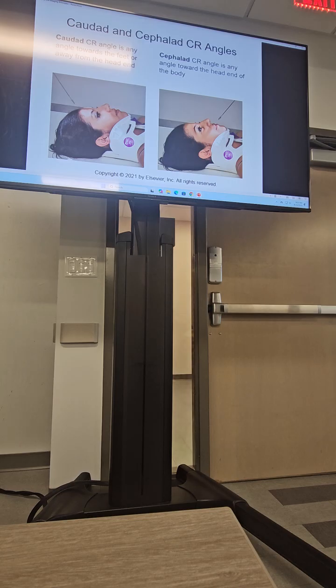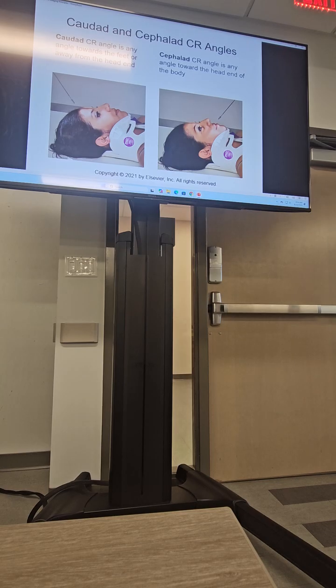We always try to bring our x-rays perpendicular to the anatomy of interest. For example, a spine is usually parallel to the image receptor, with some curvatures, but not as much. So we're using a perpendicular x-ray beam.